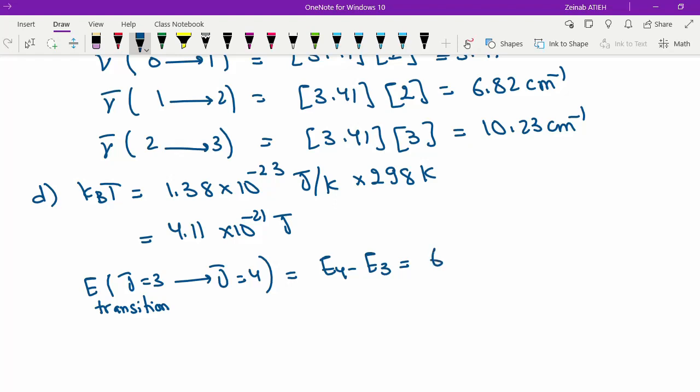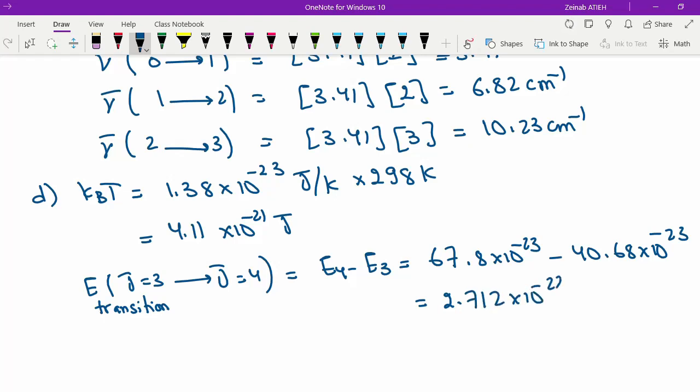You can see them. This one is 67.8 times 10 to the power minus 23 minus 40.68 times 10 to the power minus 23. So the answer is 2.712 times 10 to the power minus 22 joule.